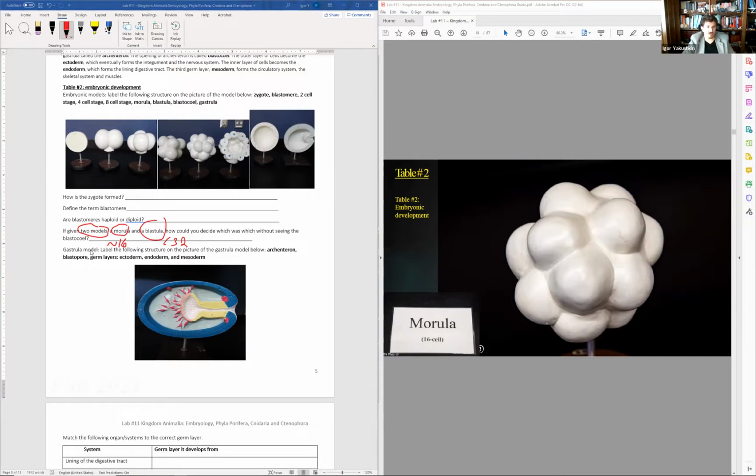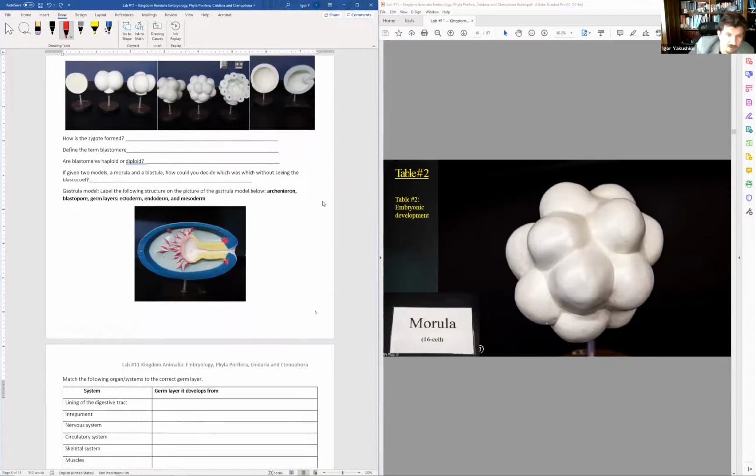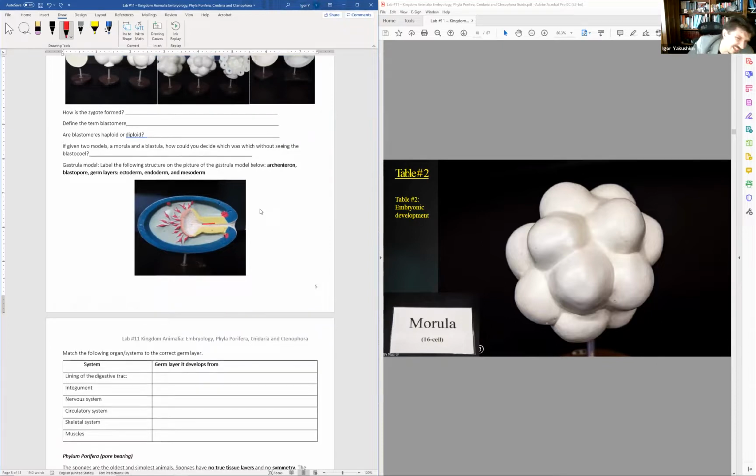All right, now let's label the picture of the gastrula. So let me erase my beautiful pictures right here. Markings. So archenteron right here. And some of you do that. I'm okay with that, the inner part.